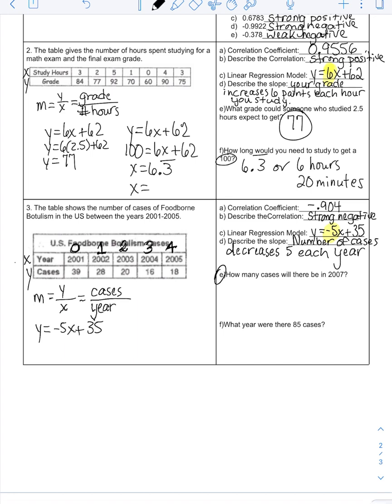See, my x is years. But what am I going to plug in? Well, 2007 is 6 years after 2001. You've got a couple of ways. You could subtract: 2007 minus 2001 is 6. Or you could just count up.